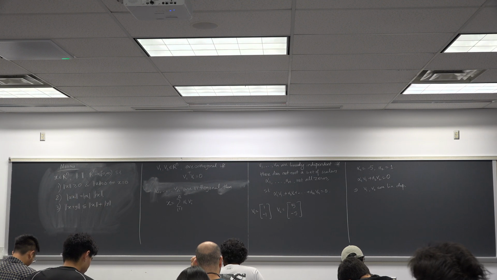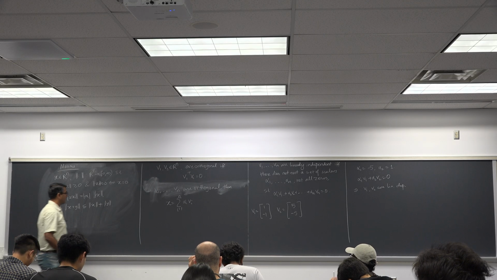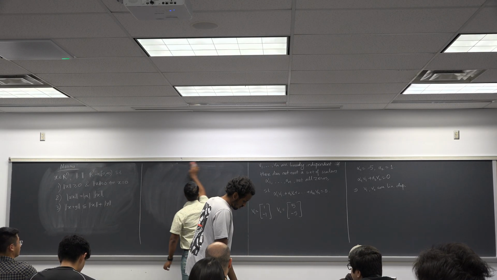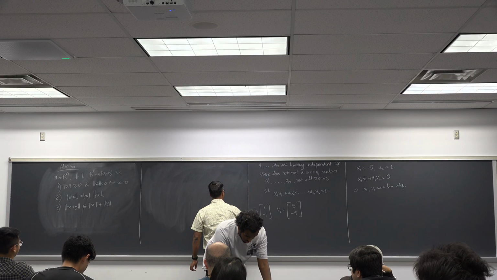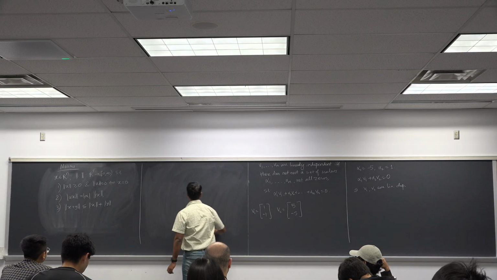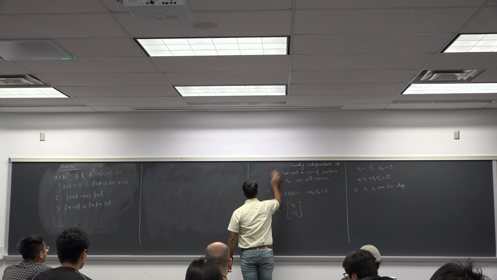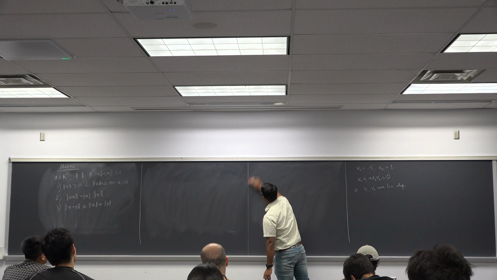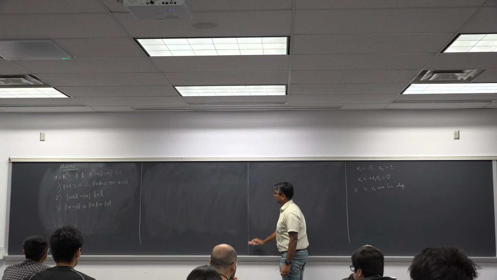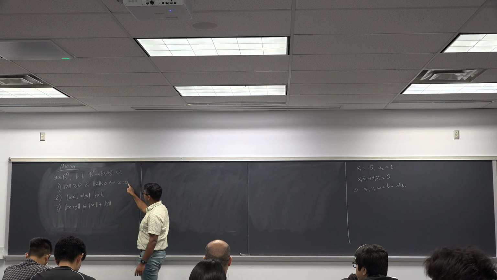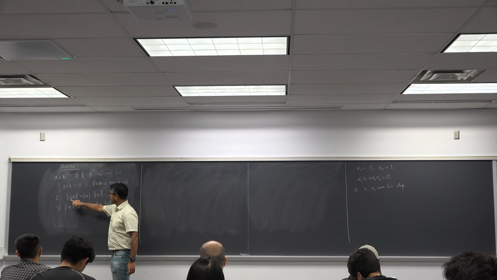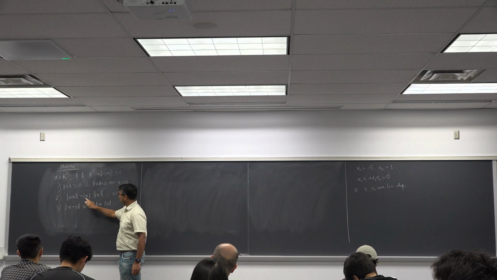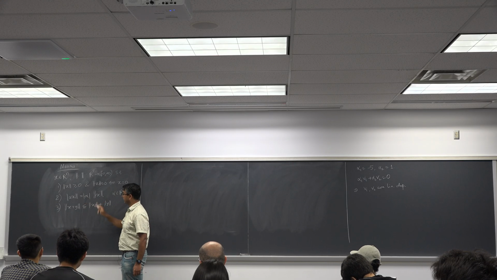So if you multiply the vector x by a scalar alpha in R, you take the norm, you get the absolute value of the scalar and the norm of x on the other side.